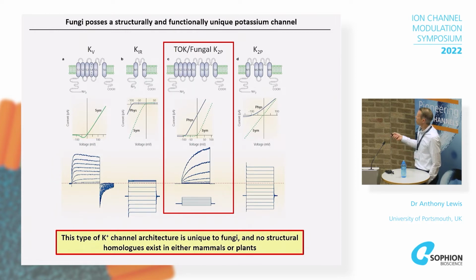So these channels, which are called TOK channels for 2-pore outwardly rectifying potassium channels, are found specifically in fungi, so you won't find them in animals, plants, insects and the like. So the thought is that these channels may make good antimicrobial targets for treating infections in humans, but also in plants where they get infected with agricultural pathogens.